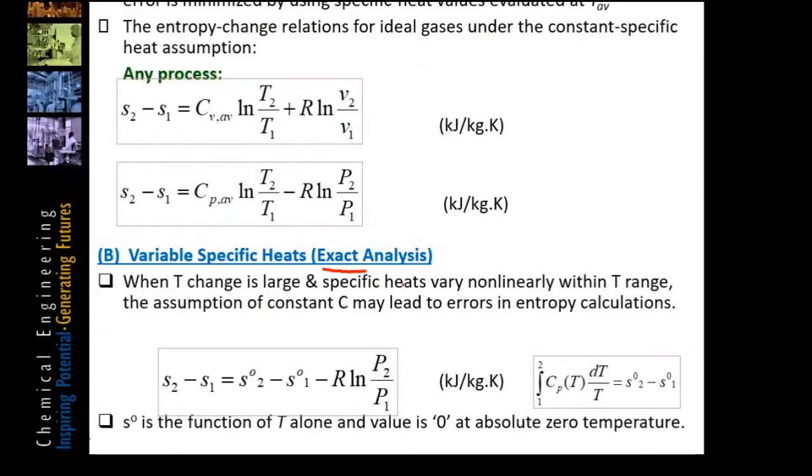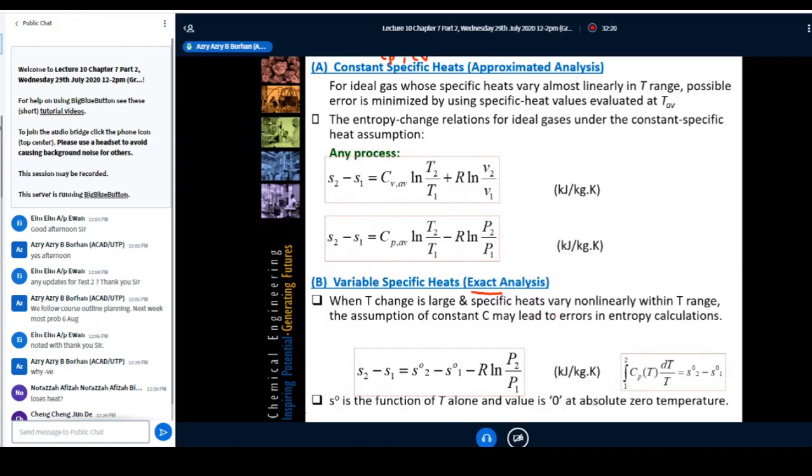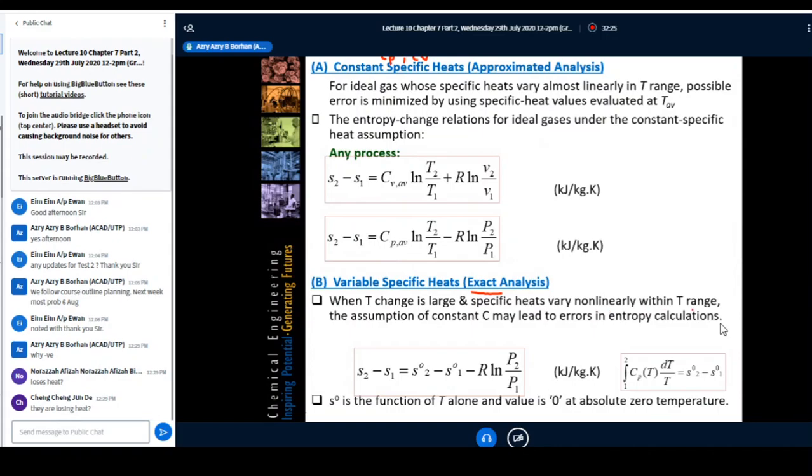In case your temperature change is too large, probably more than 100 degrees in terms of delta T, and the specific heat does not vary linearly with temperature, it is always recommended to use the variable specific heat to solve the problem.